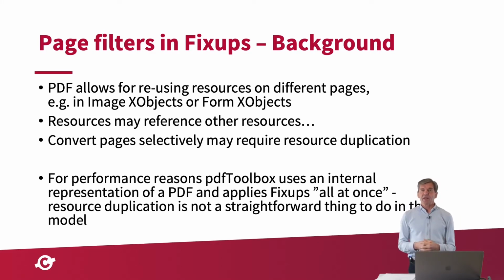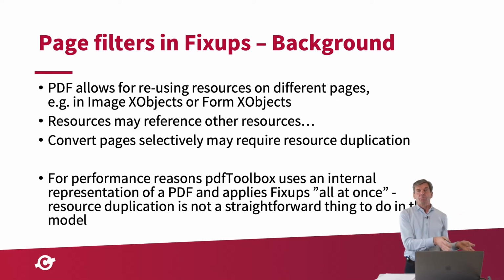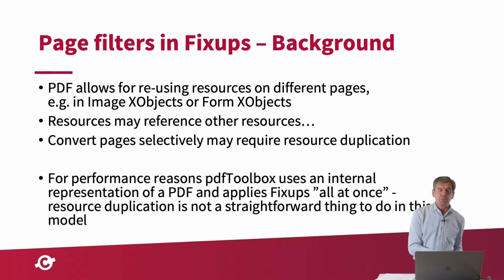And that makes it very complicated, if you process pages selectively, to determine when to duplicate resources. It's easy to understand: if I want to convert an image from color to black and white, and I only want to do that on certain pages, I may need to duplicate that image in my internal PDF structure, so that on the page where it shouldn't be converted, it remains colorful, while it is converted on the other pages.